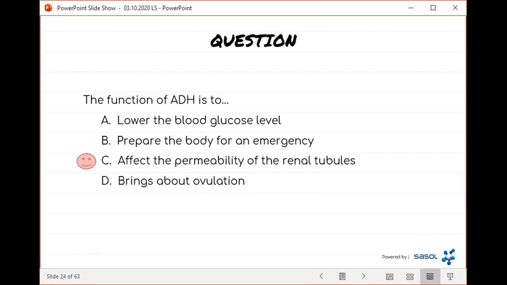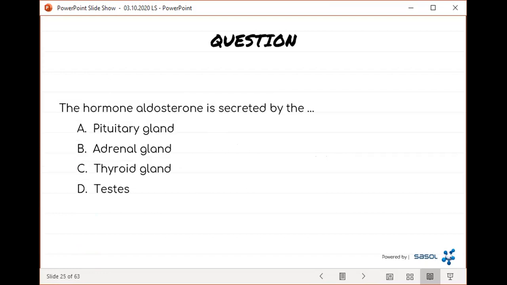So it is secreted by A, pituitary gland, B, adrenal gland, C, thyroid gland, or is it D, the testes? So again, we can still use the elimination method and just mention the hormones which are secreted by these various glands.